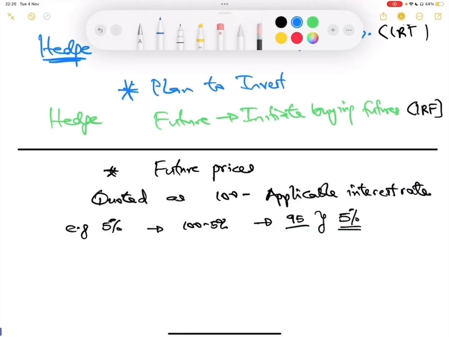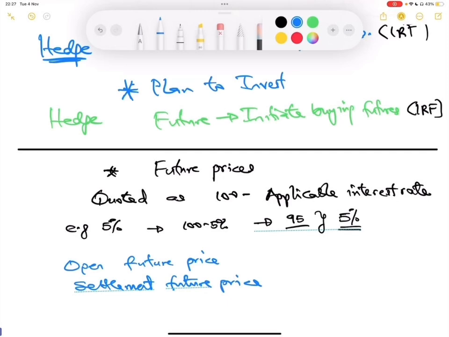I also need to mention to you that sometimes questions can be very confusing. They might give you two types of future prices. They might say there is an open future price and there is a settlement future price. I'm just mentioning it quickly, there's nothing to waste time on.